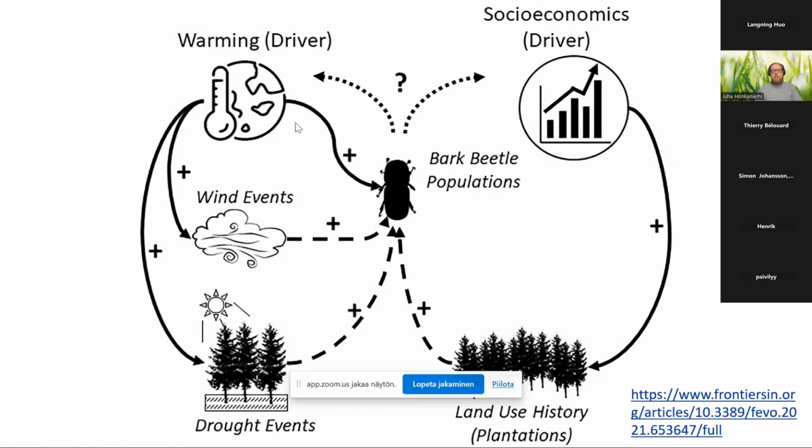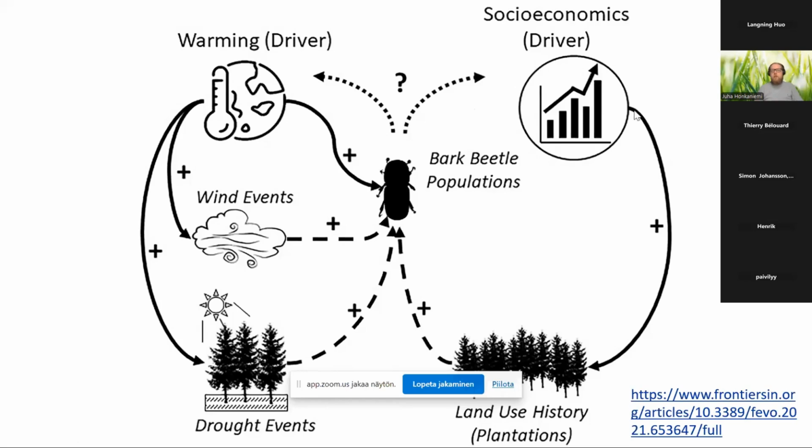It has a direct effect on bark beetle populations, increased reproduction with a warming climate, but it also has the interaction effect through wind events. Wind events increase, and that will have a positive effect on bark beetle populations. As well as, as we just heard, increased drought events will make the trees more susceptible to bark beetle attacks in the future.